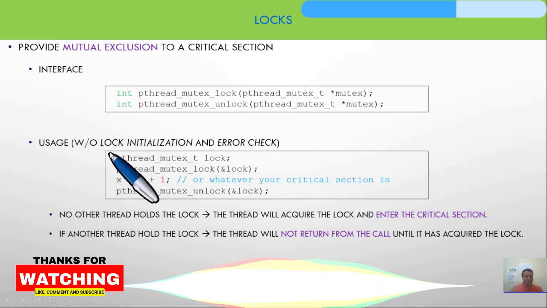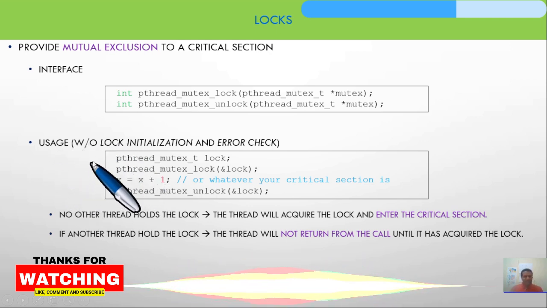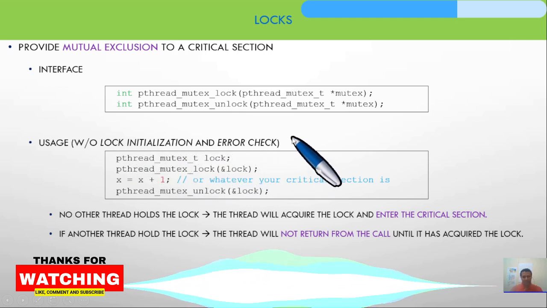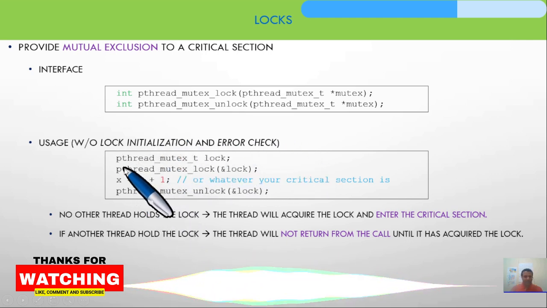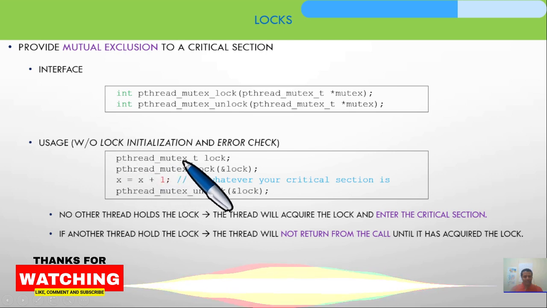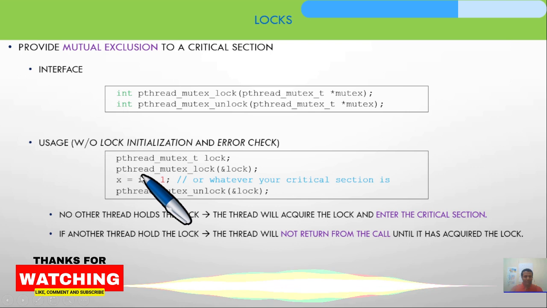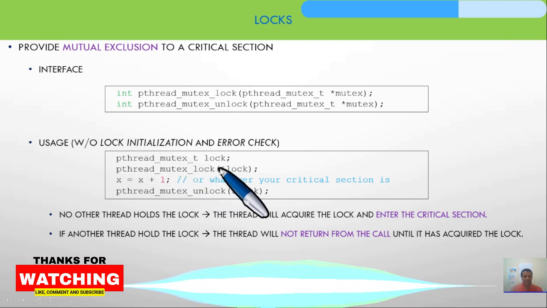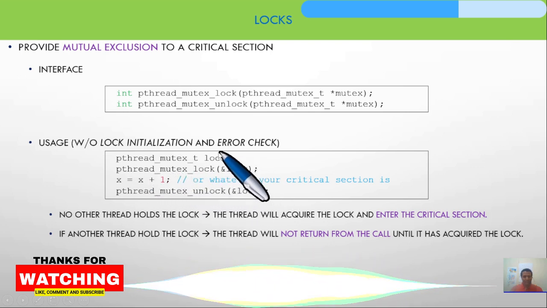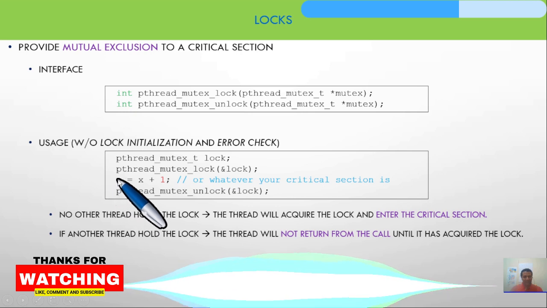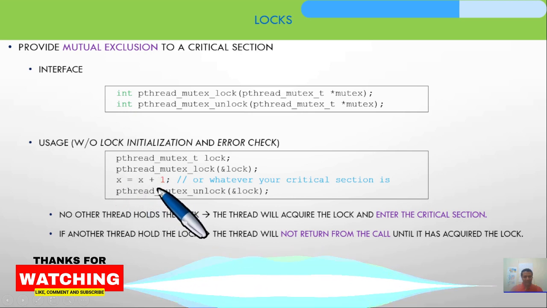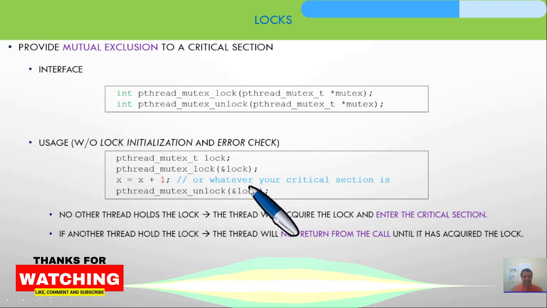And using the lock, okay, initialization and error check, what we have is pthread_mutex_t lock, then we have pthread_mutex_lock, this is lock. Then in the critical section, as you have seen, x is equal to x plus 1, or whatever your critical section is.